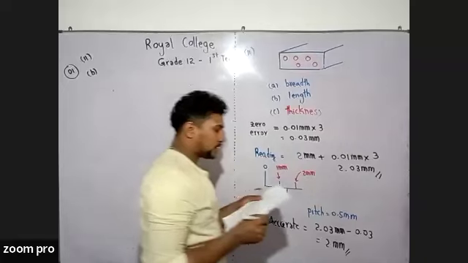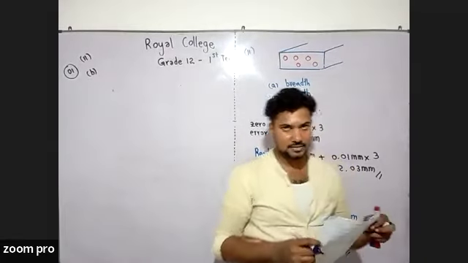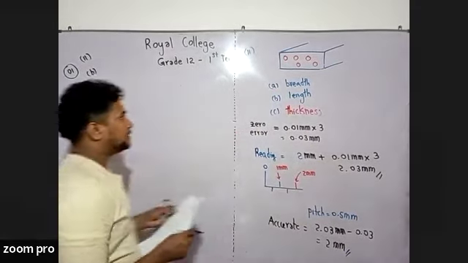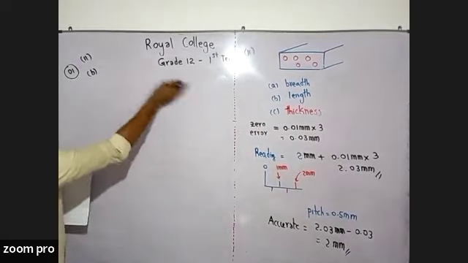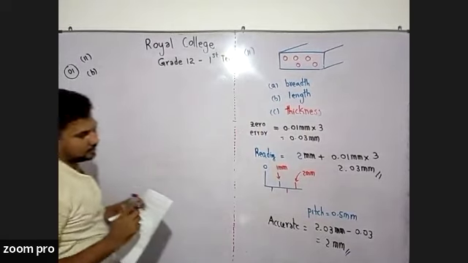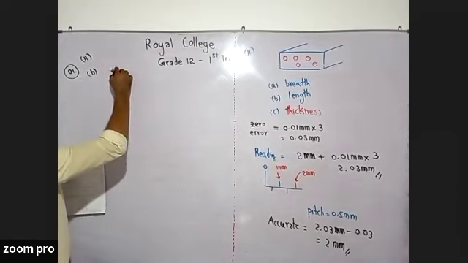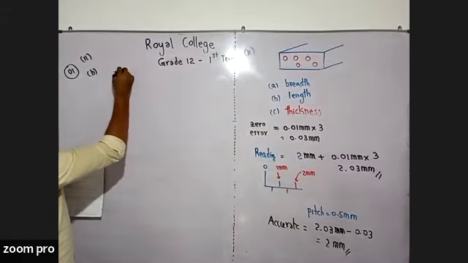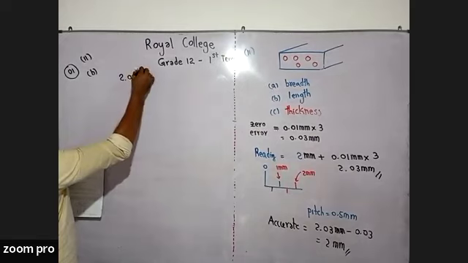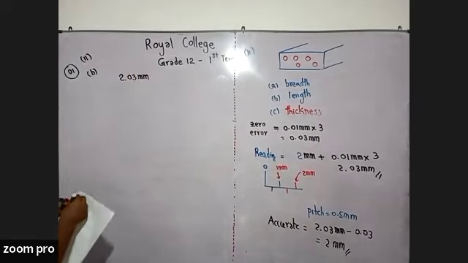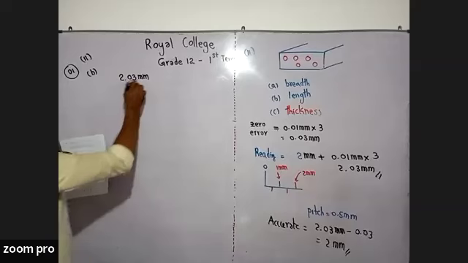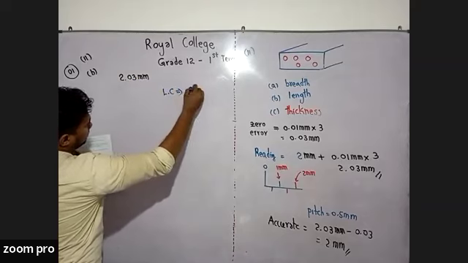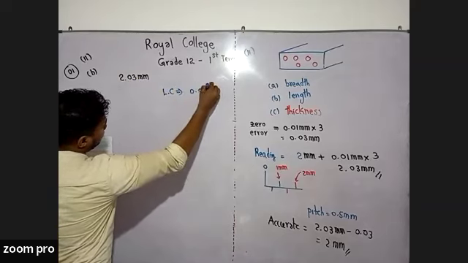What is the reason for choosing the above instrument to measure the thickness? That means we use a micrometer screw gauge to measure the thickness. The obtained value is 2.03 millimeters, and to obtain this kind of measurement, the least count of the measuring instrument should be 0.01 millimeters.